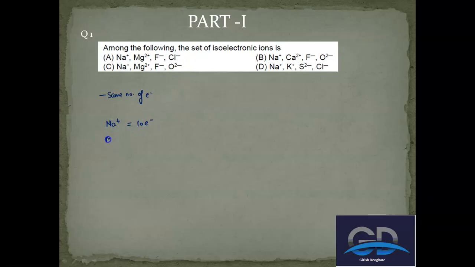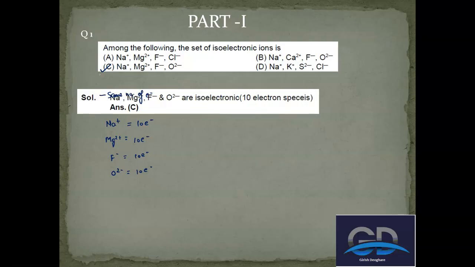Magnesium 2 plus will also have 10 electrons. F minus has 10 electrons, and O2 minus will also have 10 electrons. So we can see that option C is correct. Hence for this question the answer is C.